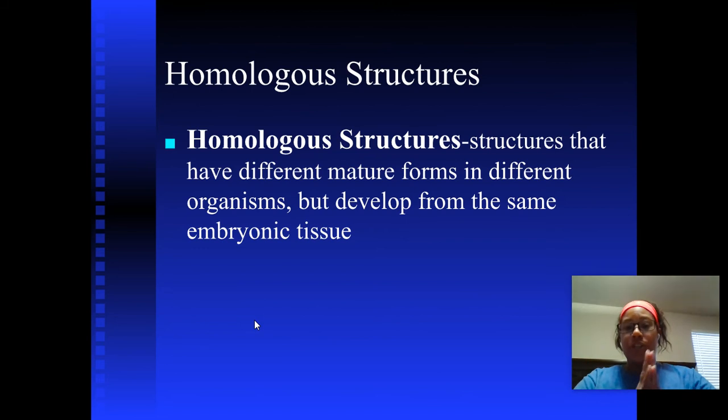All right, homologous body structures. Homologous body structures are structures that develop from the same embryonic tissue. That means that they have some type of genetic or ancestral lineage, but they have a different function. Okay, same ancestry, different function. Homologous structures, same ancestry, different function.